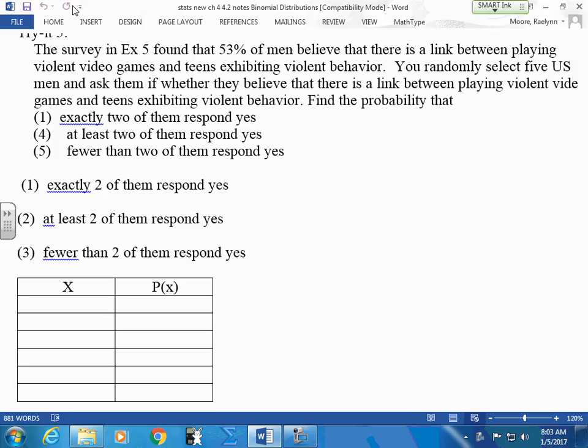So the middle of the road, and we'll see where this one brings us. The survey in example 5 found that 53% of the men believe, I think this is women, sorry. The women believe that there is a link between playing violent video games and teens exhibiting violent behavior. Oh, maybe this is men.